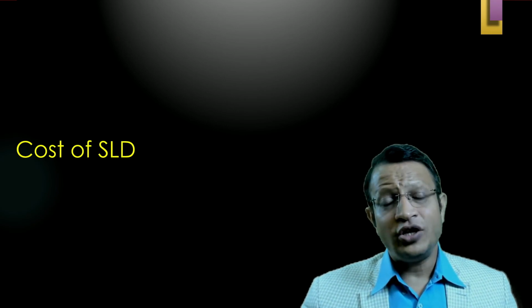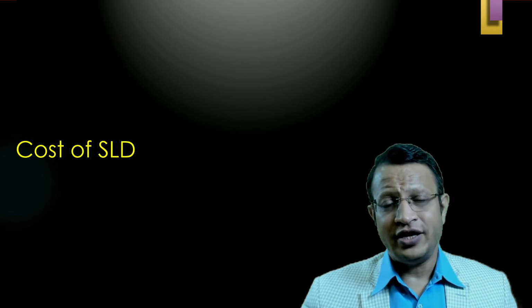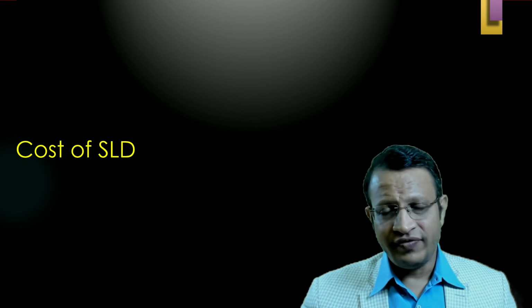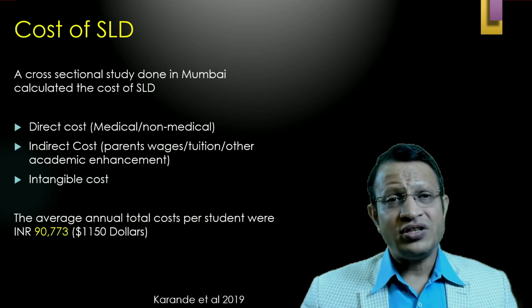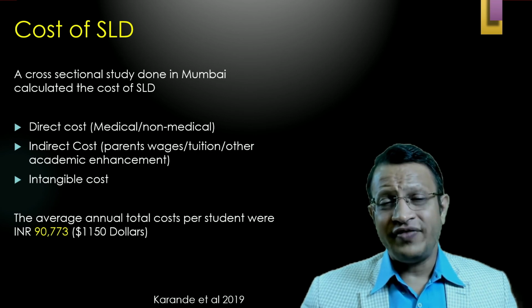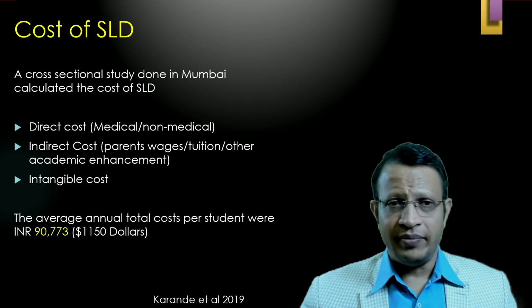Now, let's understand the cost of specific learning disorder to a community, to a child, or to the family. A cross-sectional study was done in Mumbai, and the cost of SLD was calculated for the family.